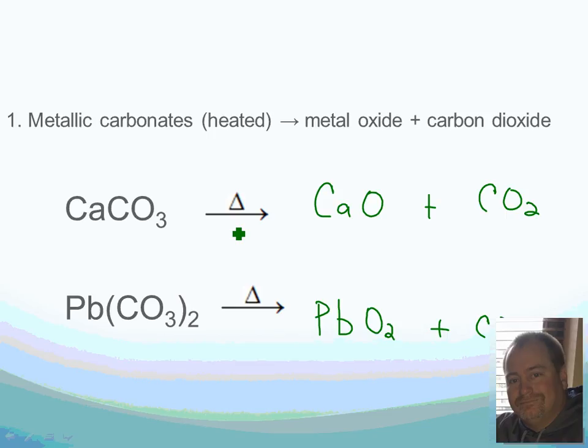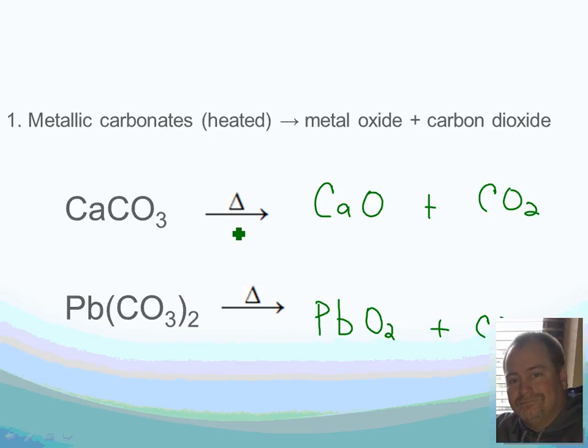Now I'm absolutely 100% going to have to balance this, and I don't like balancing these because it's one of those kinds where my polyatomic has been split up. So that makes it even tougher. I'm going to look at that carbonate first. I have CO3, 2 of them, so I have 6 oxygens.